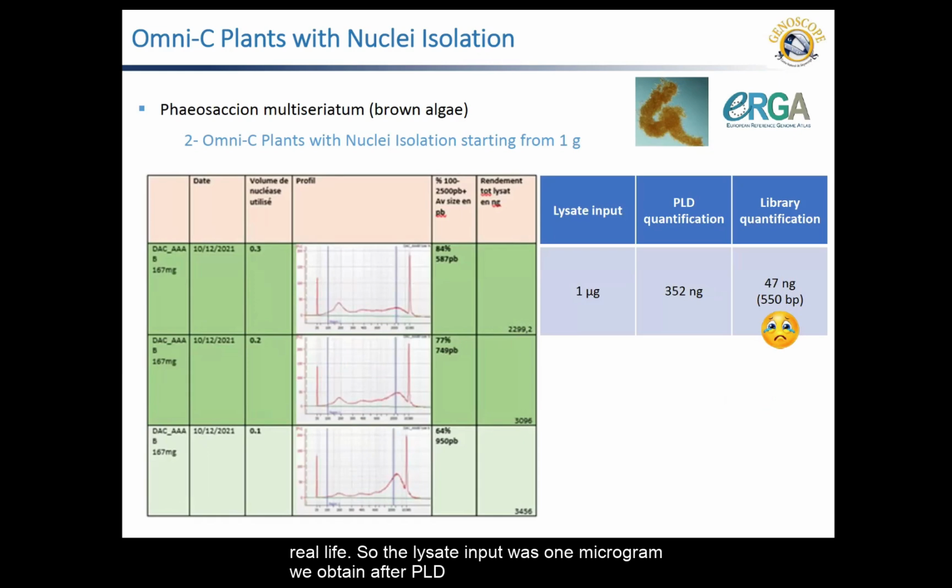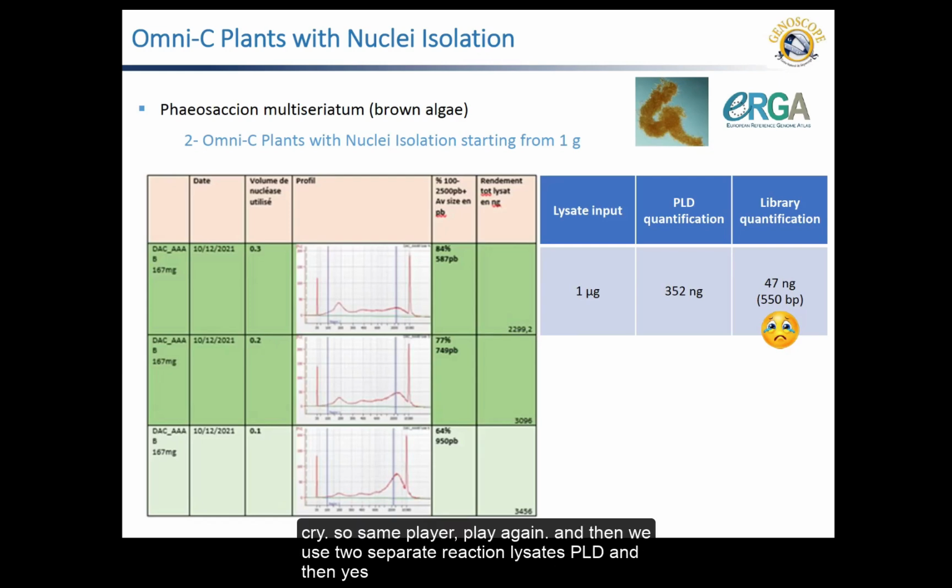So the lysate input was 1 microgram. We obtained after PLG quantification 300 nanograms, and we went through the library quantification, and then we tried. So same player, play again.